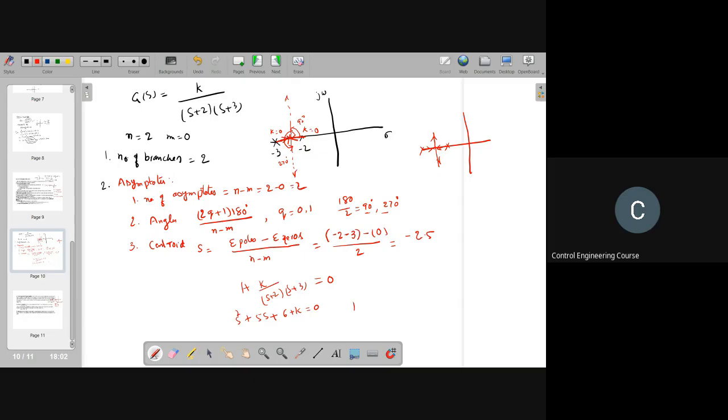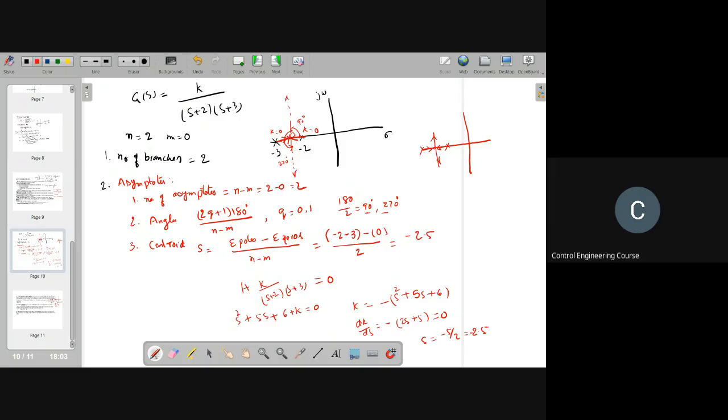That means k is equal to minus of s square plus 5s plus 6. Now once you got the k, we find dk by ds and equate to 0. So this will be minus of 2s plus 5 equal to 0. That means s is equal to minus 5 by 2 equal to minus 2.5.